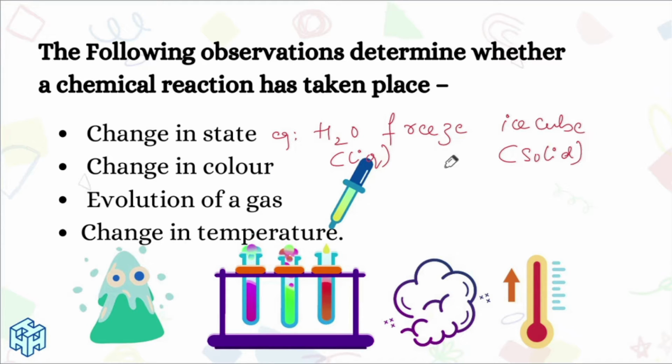That means a chemical reaction has taken place inside the water, which converted H2O liquid into ice cubes. Did you get it? Now change in color. Let me understand what the change in color is. That is very important. One more thing to understand: change in color.